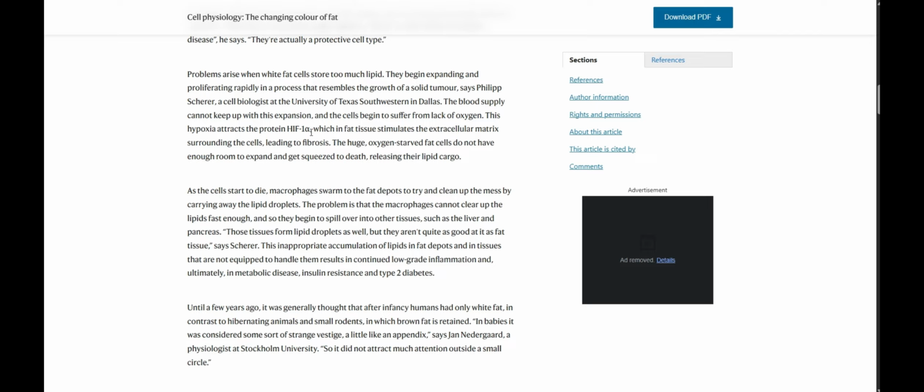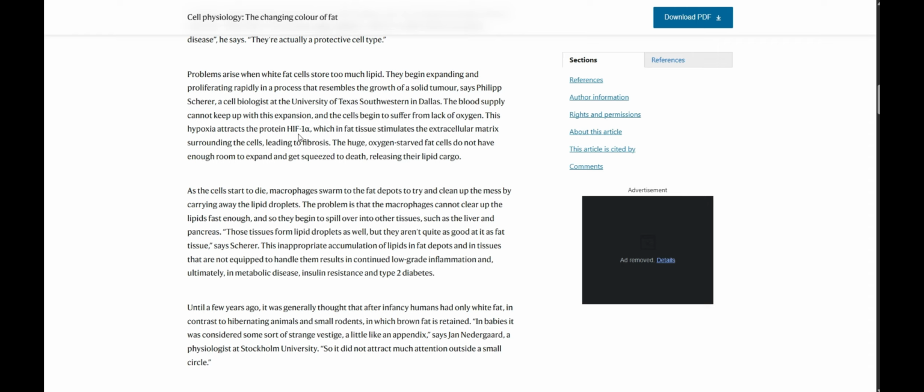the way I know it's in cell culture: the blood supply cannot keep up with this expansion, and the cells begin to suffer from lack of oxygen. All of that is stuff you would know from cell culture. I mean, it could be a biopsy, but this really sounds like cell culture work, which doesn't mean it's not real, but it does mean that the physiological standard has not been set.